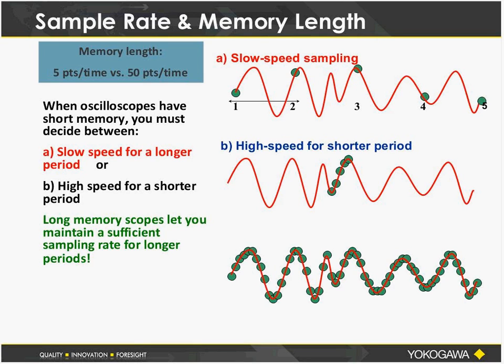So neither situation is ideal. The best solution is to have long memory, and by having that longer memory, then you can maintain the higher sample rates across longer observation periods. That's the message here in this slide.